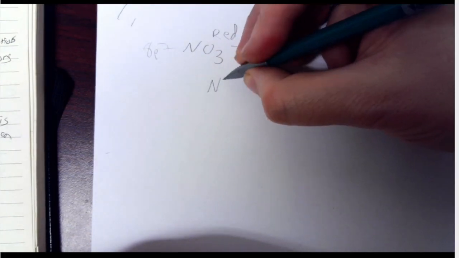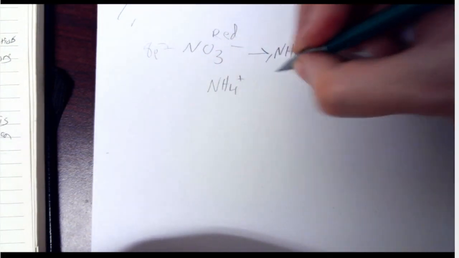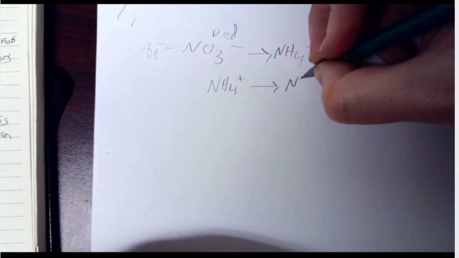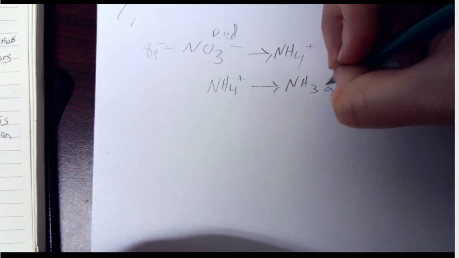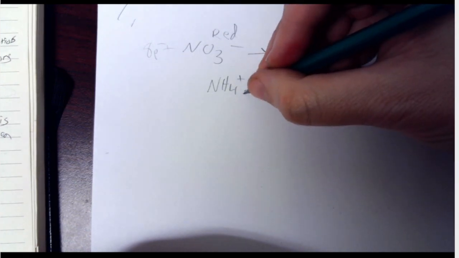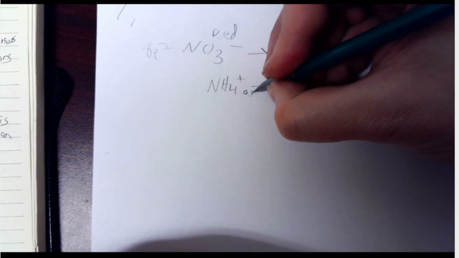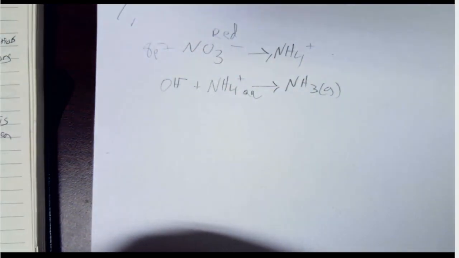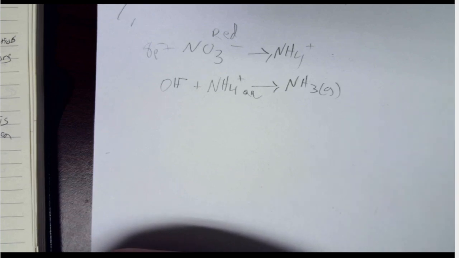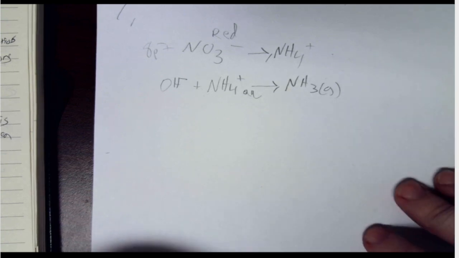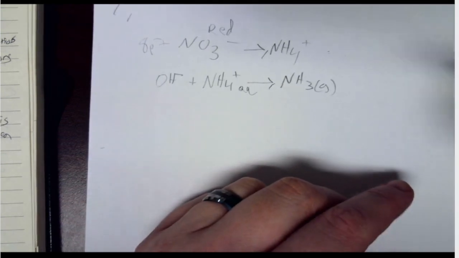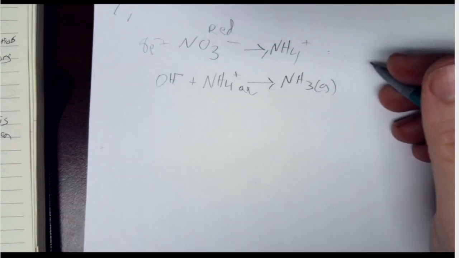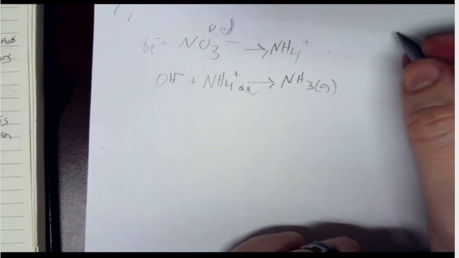For ammonium to go from aqueous to a gaseous state, we need a base. So for this to work, we need ideally both reducing and alkaline conditions. Reducing and alkaline conditions.